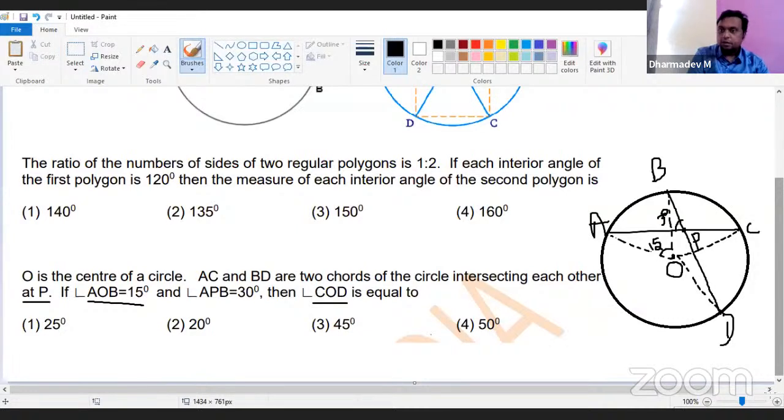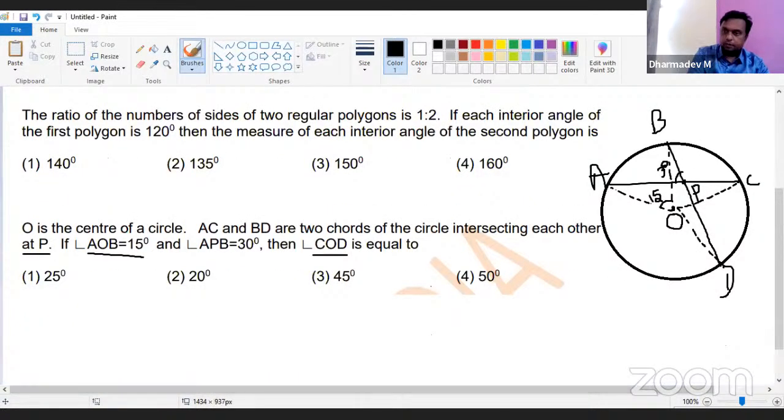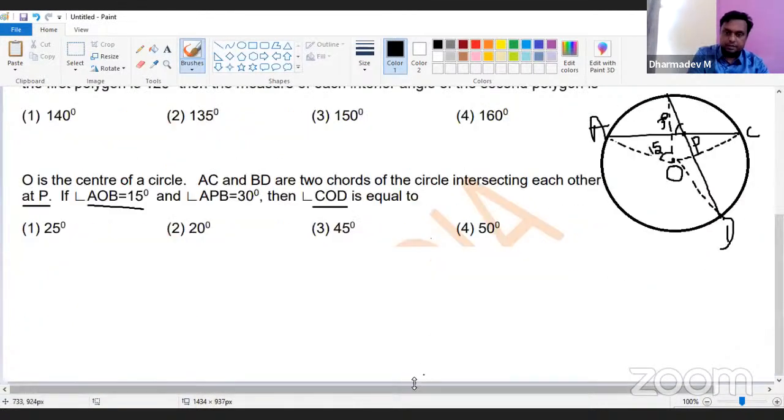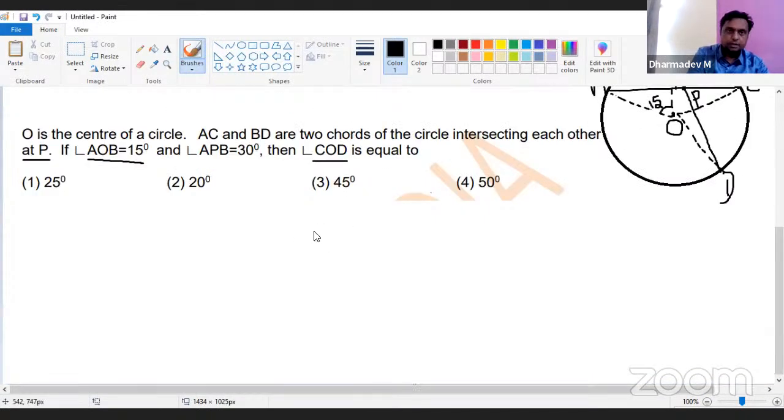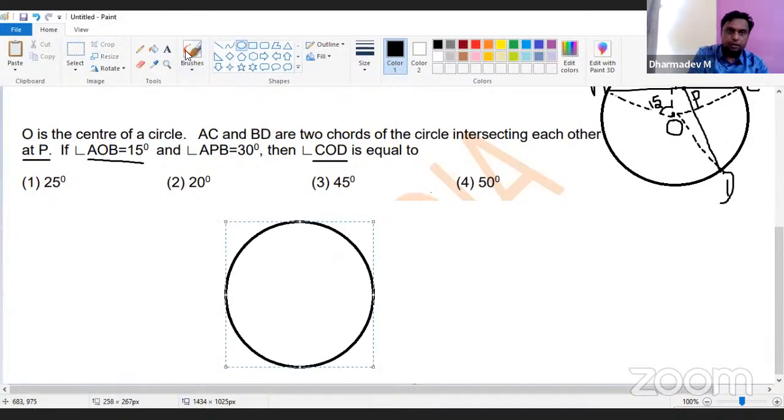Okay, and a closer image, I'm just dragging it below. It's given that AOB is only 15 degrees. So when I say it is a 15-degree angle, let me take this AOB.